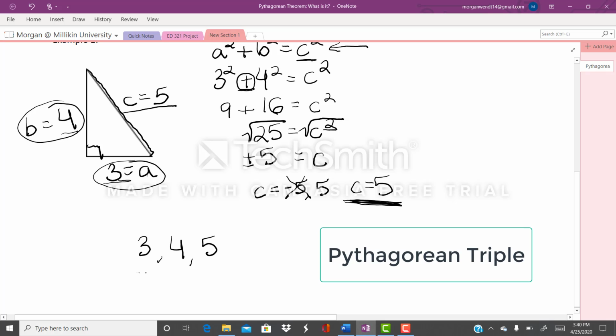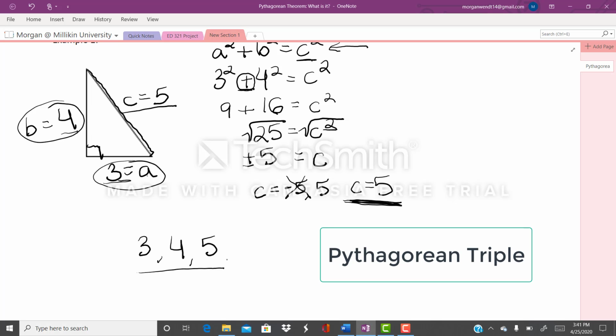When you look at these sides, there are no square roots involved, no decimals, no fractions, they're whole numbers. So we would label this group of sides as a Pythagorean triple.